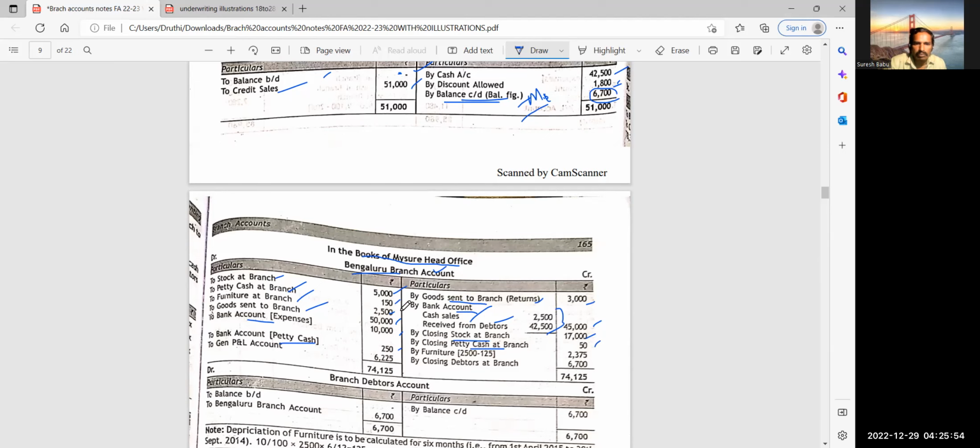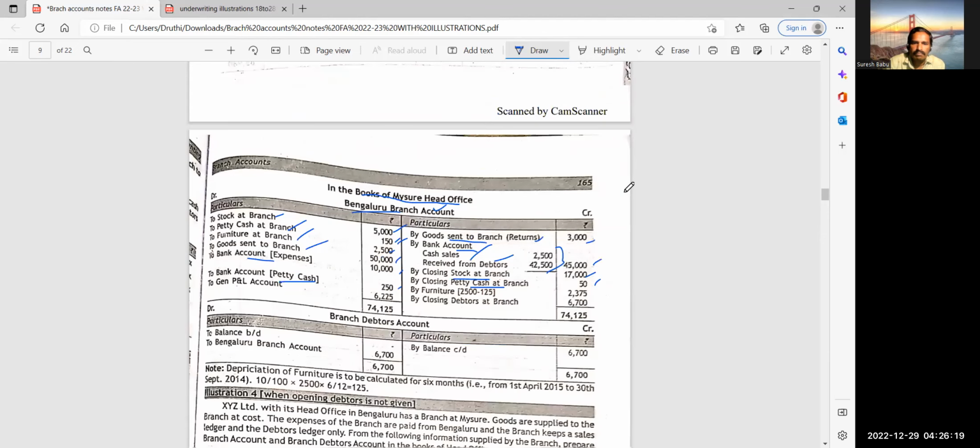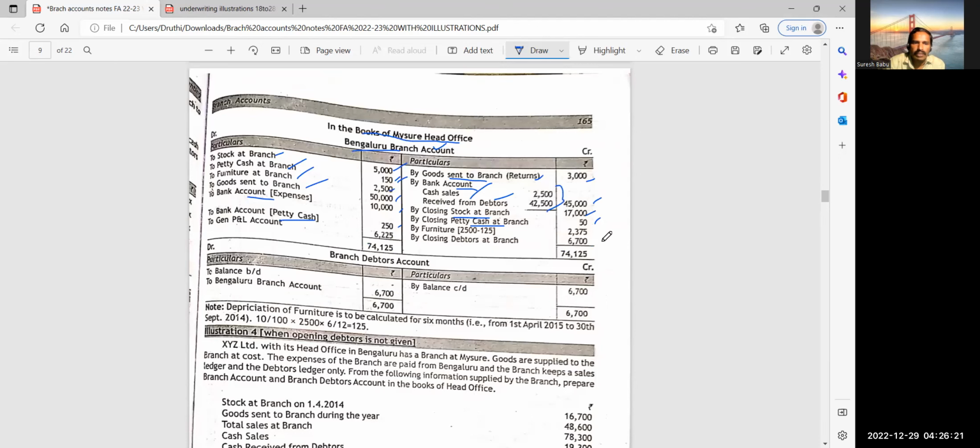How much is opening petty cash? 150 rupees. Listen, see. Cash sent by head office for petty cash is 250. Petty cash opening 150. Correct? Right.